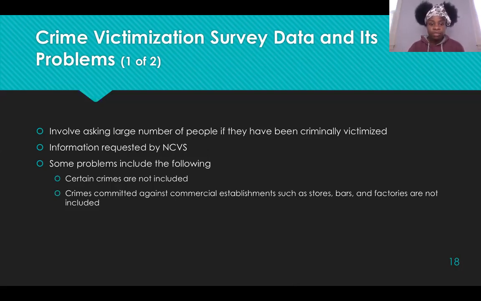And because murder victims cannot be interviewed, this most serious of crimes is also not included. Because the NCVS only surveys households, crimes committed against commercial establishments such as stores, bars, and factories are not included. This exclusion results in a huge underestimate of crimes such as burglaries, robberies, thefts, and vandalism.